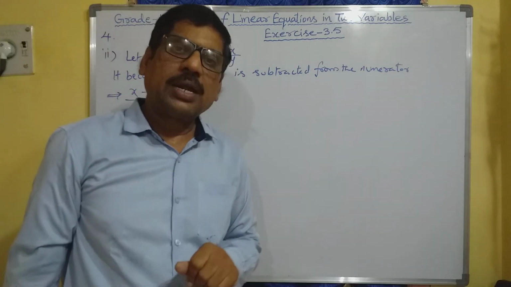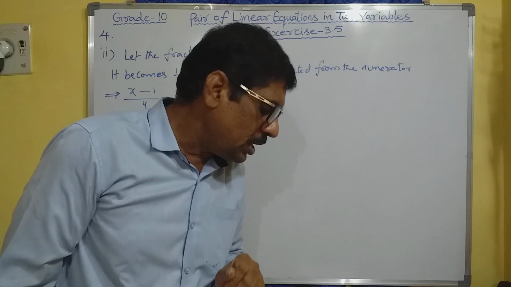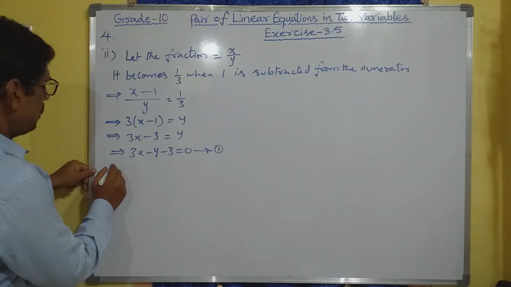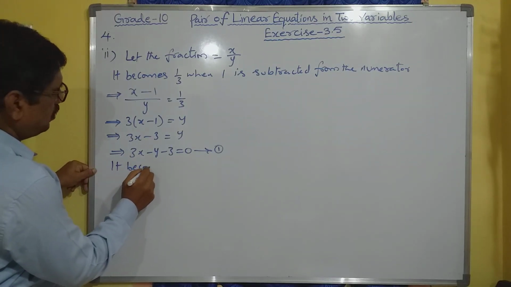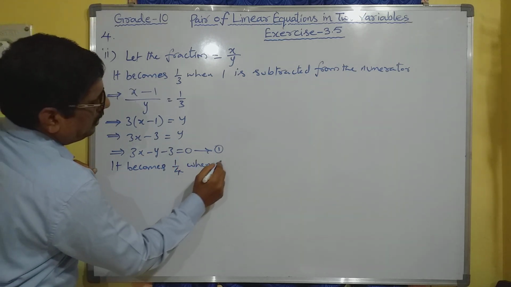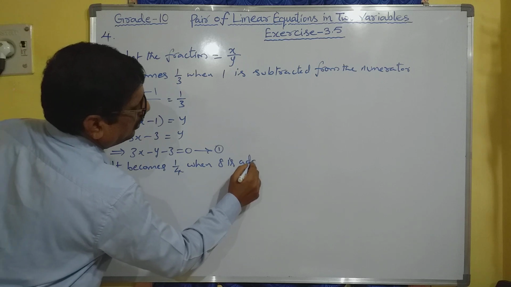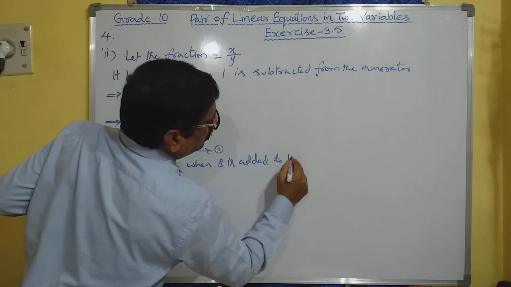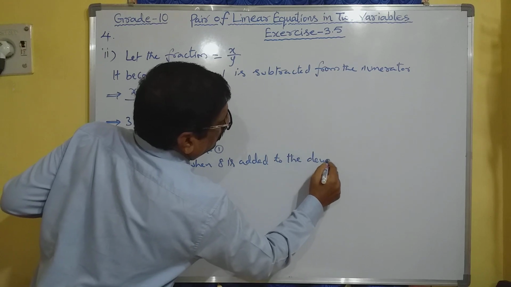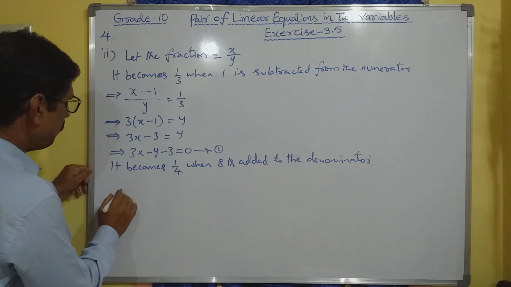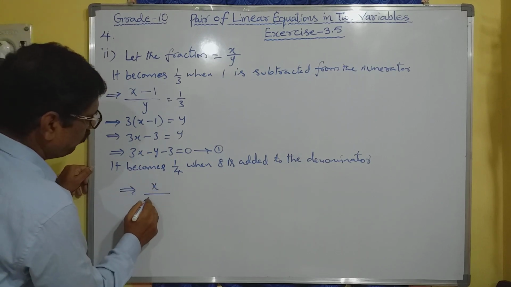And he has given another condition. What is the other condition? It becomes 1 by 4 when 8 is added to the denominator. So the actual fraction is x by y.